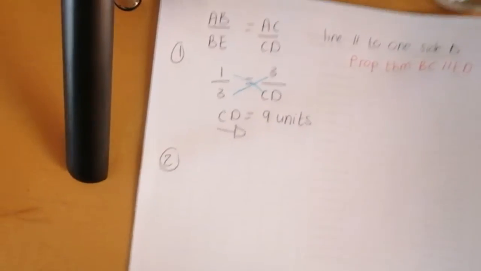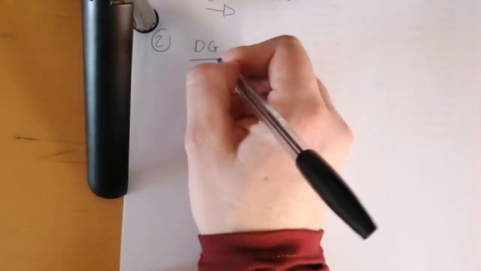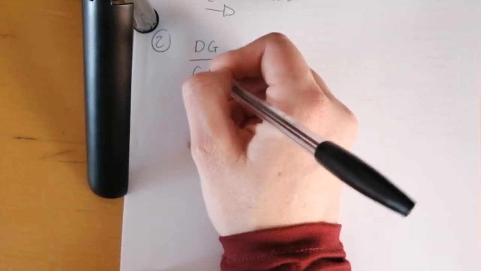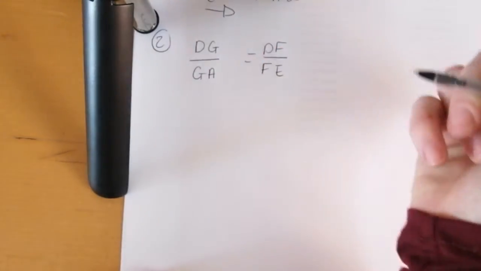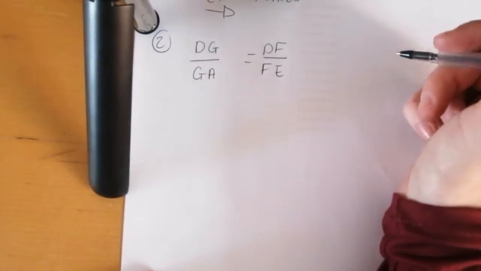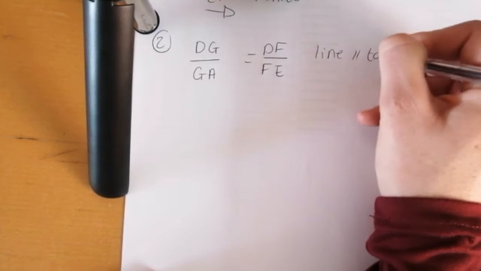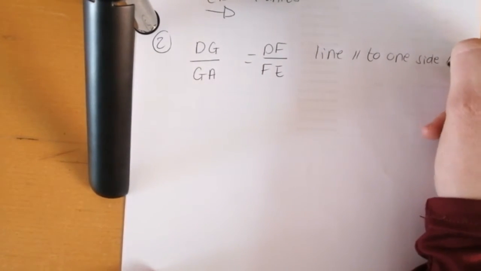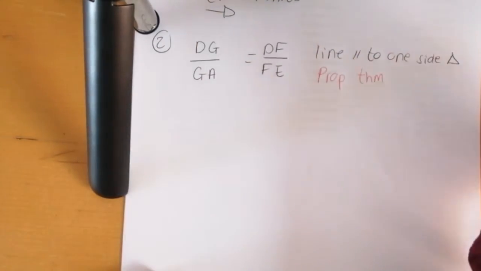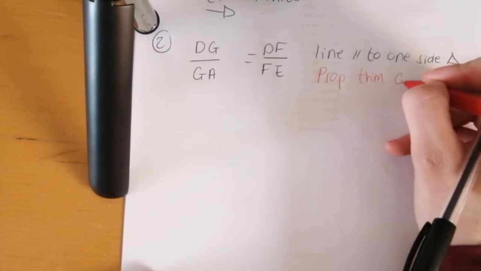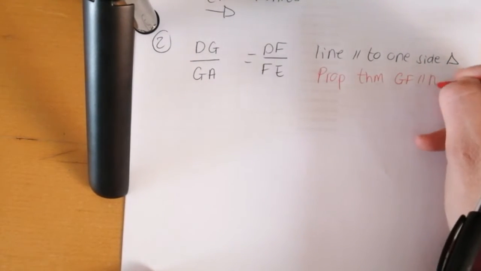So next I am going to say that DG over GA is equal to DF over FE. Once again, we have to state either proportion theorem or line parallel to one side of triangle. We are now not using BC parallel to ED, but we are using GF parallel to AE.